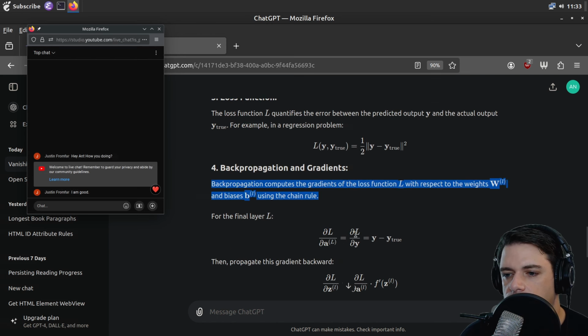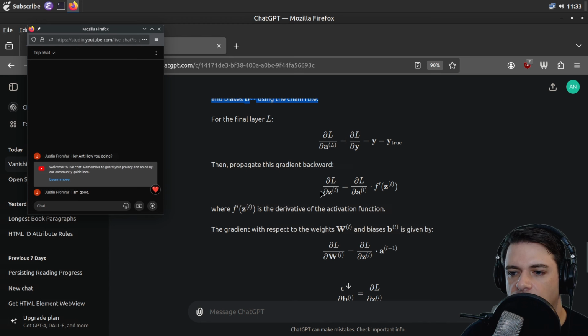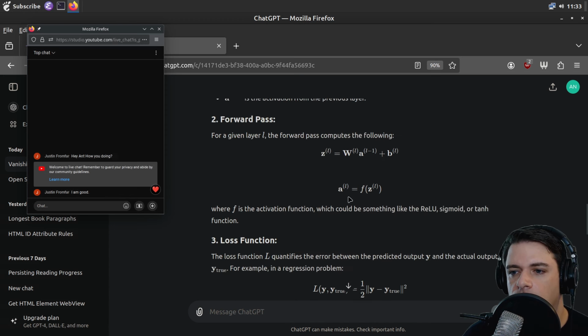It is the change in L with respect to Y, which is the difference between Y and Y true. And then we propagate the gradient backwards. So the change in L with respect to Z of L is the change in L with respect to A, the Lth element of A is how I'm going to interpret this, times f prime of Z of L.